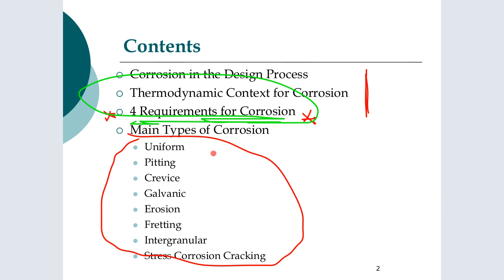What you'll see is that many of the different types have different names, and they're very descriptive because they're coming from, by and large, observation, from experience in service. If we look at pitting corrosion and crevice corrosion, for example, you'll see that the mechanism of attack is actually pretty similar. Galvanic is its own distinct category, so we'll give a brief mention to that.